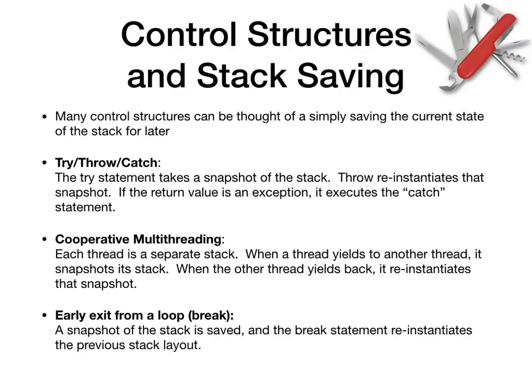And when you throw, it reinstantiates your old stack frame. So if you ever tried to access a variable that was defined in a try block from a rescue block, it'll say no. The reason it won't let you do that is because that stack frame no longer exists, because it reinstantiated the previous stack frame to do those catches.